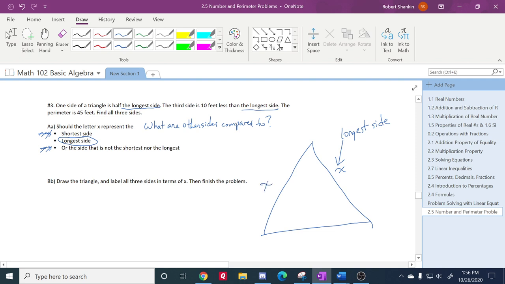One of them is 10 feet less than the longest. Notice, because it's 10 feet less than the longest, it's x minus 10. If the x was something different than the longest, x minus 10 wouldn't have popped out for us. All right, what else?